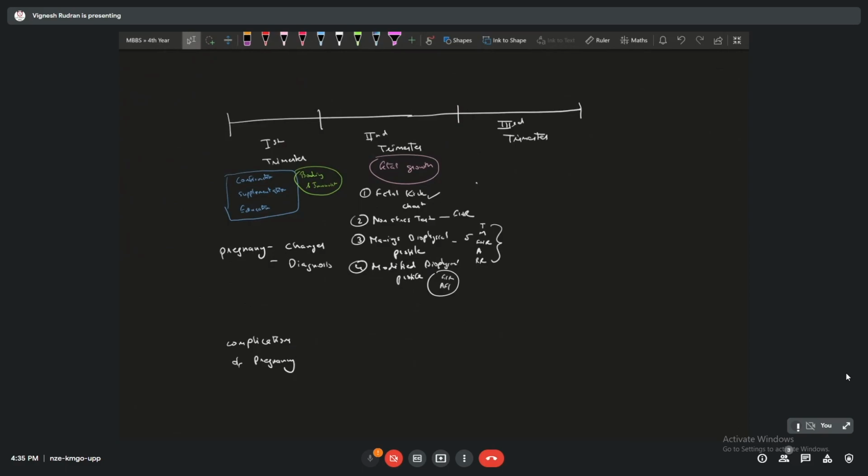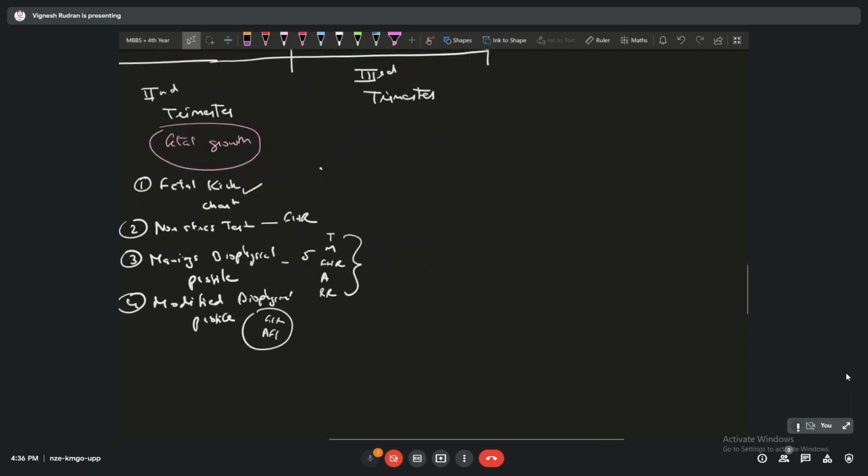Your clinical examinations which you do are your fundal height, and then your auscultation of the fetal heart sounds, and then the adequacy of the pelvis, if the head is engaging, using the Munro Kerr procedure. All of those things you can add in your second and third trimester. And finally, for your third trimester, most of this is going to be repeated.